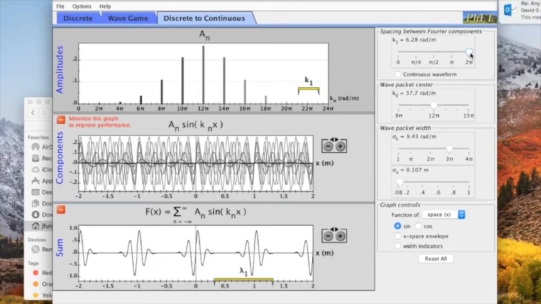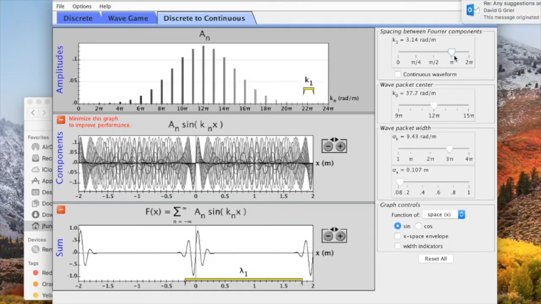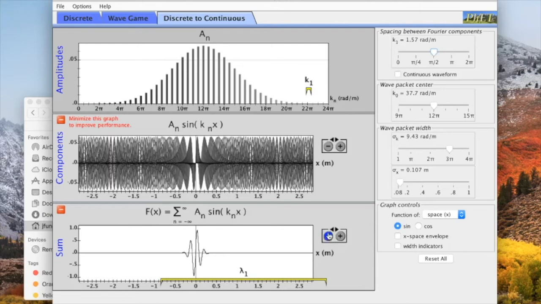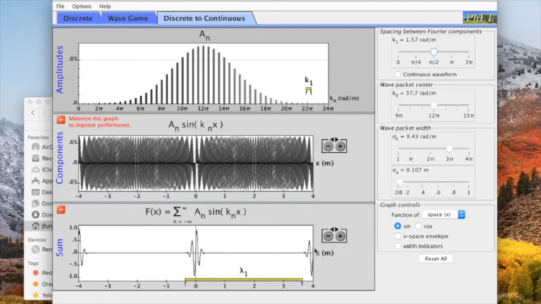But things get interesting if we start dragging this slider over to the left. If we decrease the spacing between the sines, notice this is getting more and more localized. I have to zoom out quite a bit to see that this is still periodic.